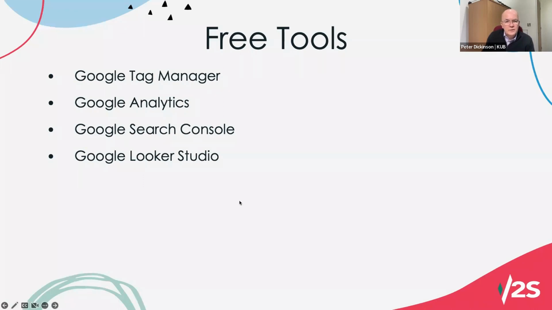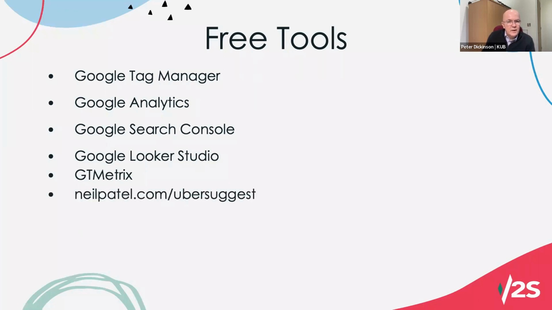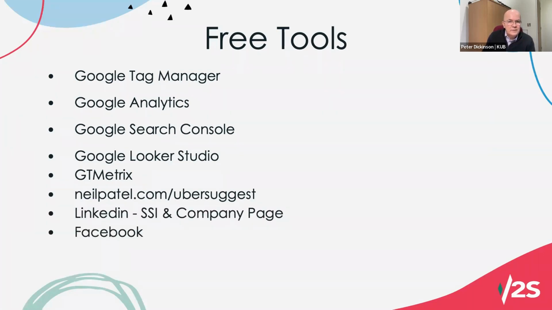So again, with the free data reporting tool, it was called Data Studio, it's now called Looker Studio, it allows us to present the information in a usable format to our users. It's not difficult to set up. We've got GTmetrix, which is measuring site speed. We're going to talk about keywords. We're going to talk about social media, LinkedIn pages, Facebook, and Instagram, and email marketing.